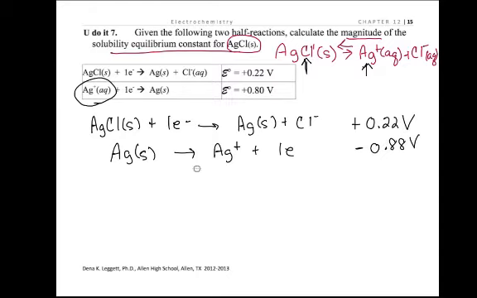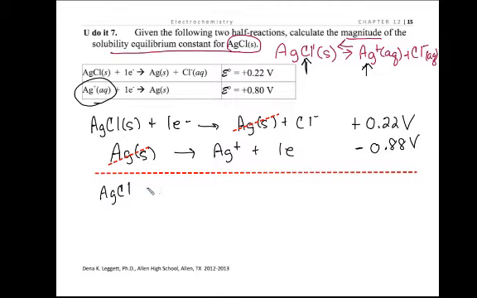Now, if I added these up and crossed off terms that are reactants and products, the only one that would cancel is that silver solid. I would indeed get AgCl going to, in equilibrium, Ag plus Cl minus, right? Electrons cancel too.